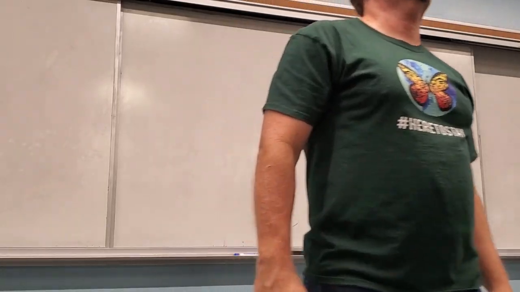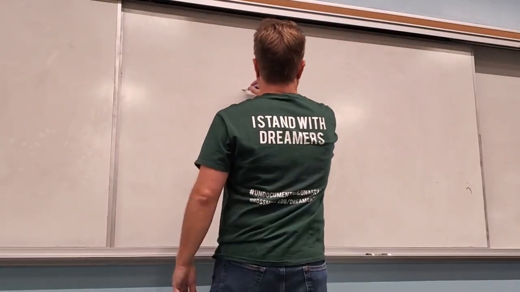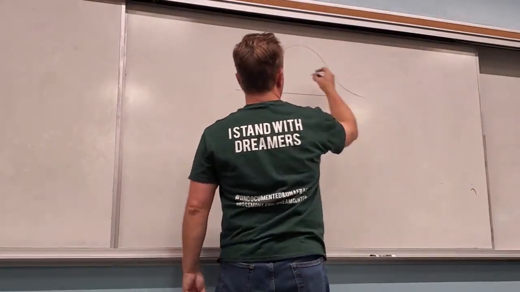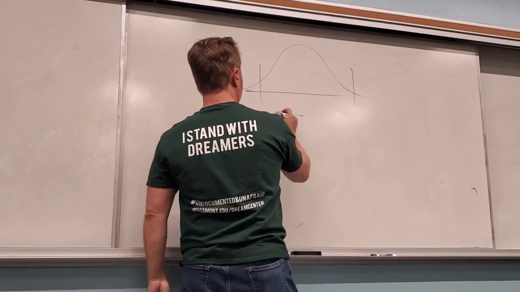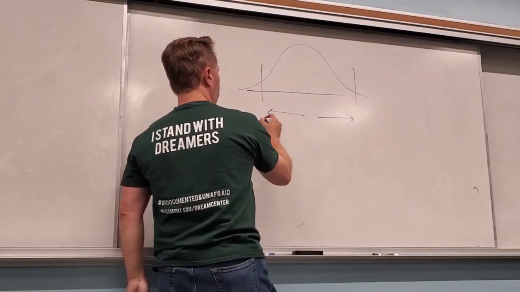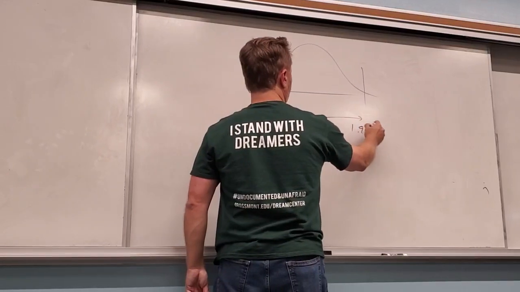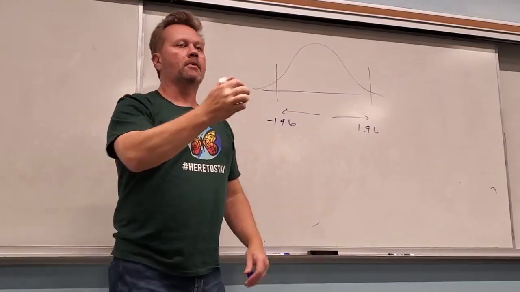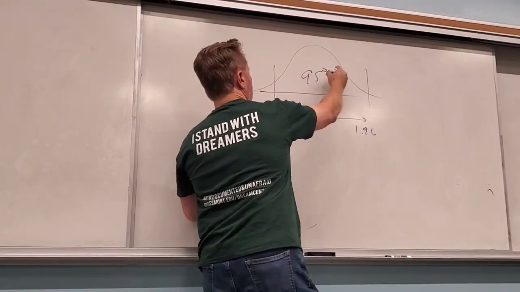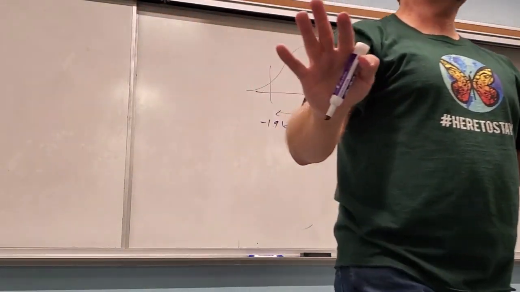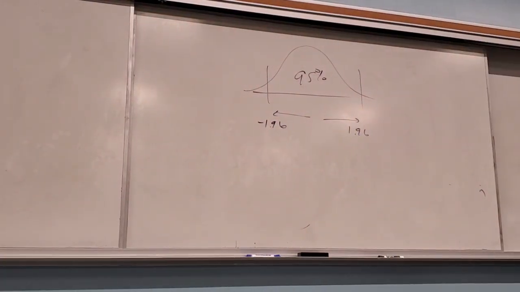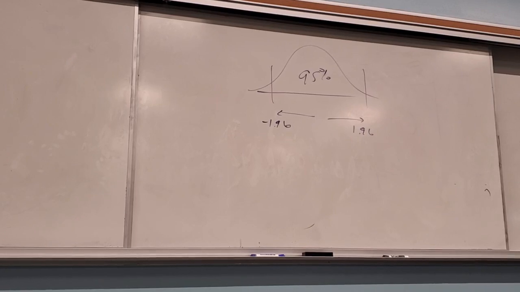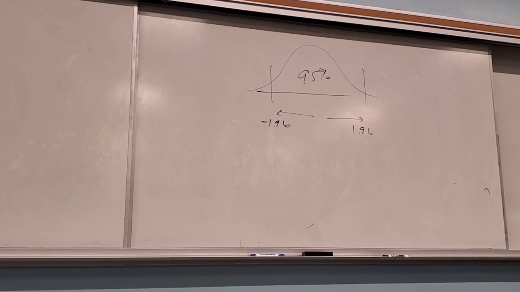So I know that in a normal distribution, if I go a certain number of steps up and down, for example, if I go 1.96 steps down, 1.96 steps up, I'm going to catch 95% of data. We know that, right? So if I have a normal distribution and I go up and down 1.96 steps, how certain am I that I caught a specific data point? 95% certain.